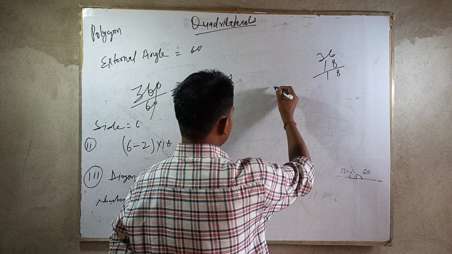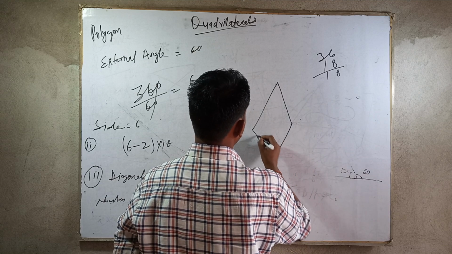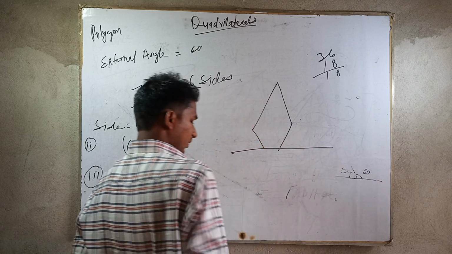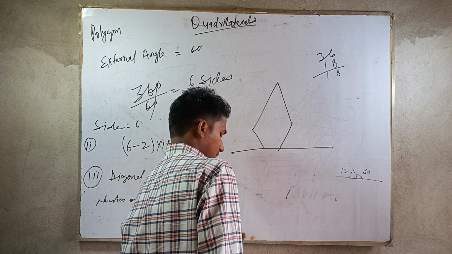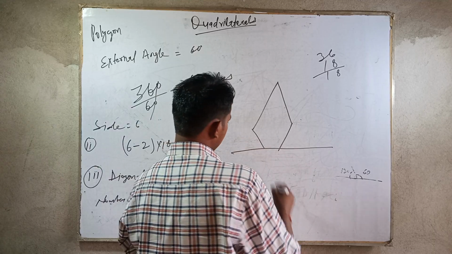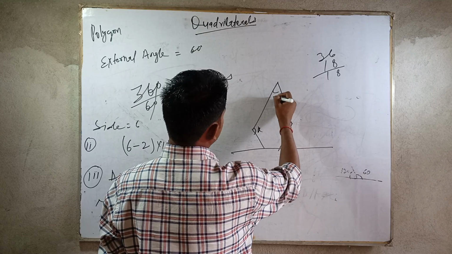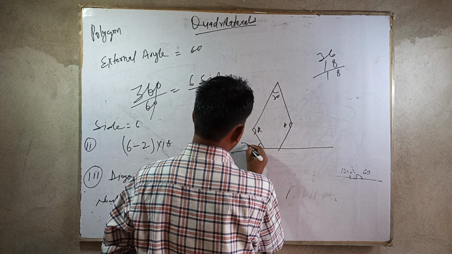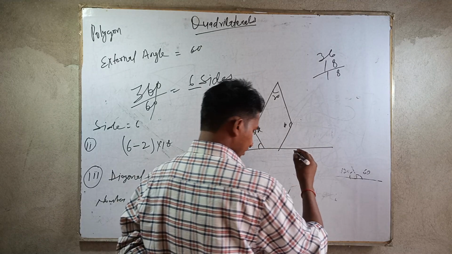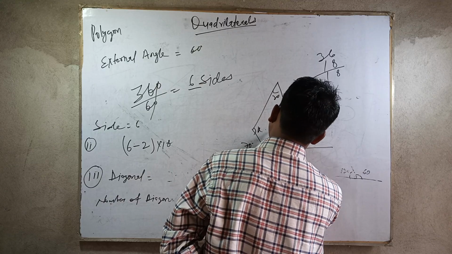If this figure is given, its value is x and both are equal. This one is 30 degrees, this one is 70 degrees and this one is 60 degrees, then find the value of both of these.